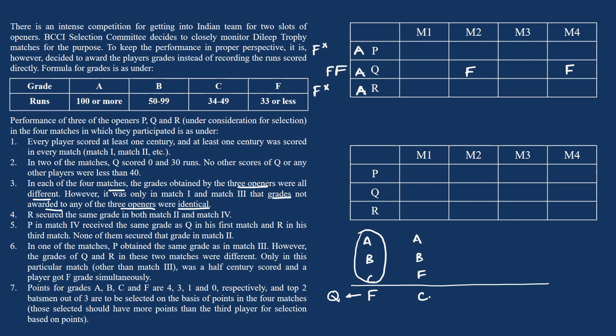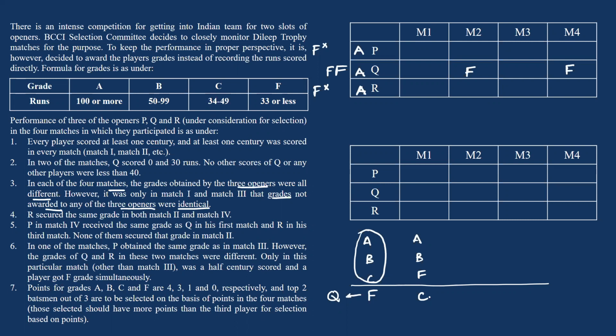It was only in match 1 and match 3 that grades not awarded to any of the 3 openers were identical. So in all the 4 matches, F was not awarded to both P and R. So in match 1 and match 3, I can say that F was not awarded to Q also, but Q has got 2 F grades here. So those 2 F grades should be in matches 2 and 4.